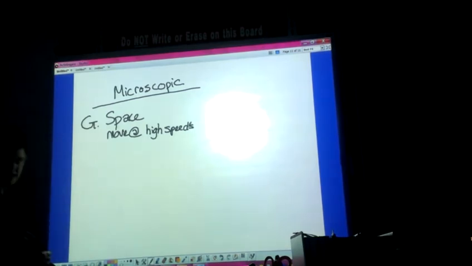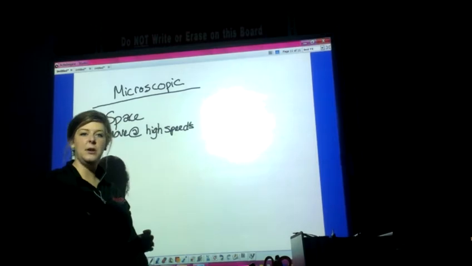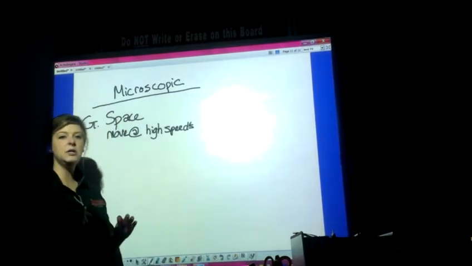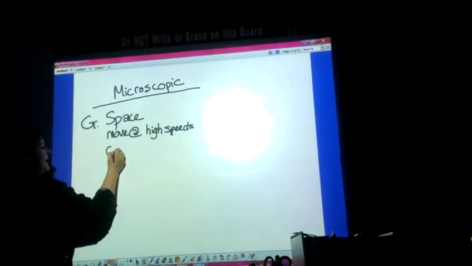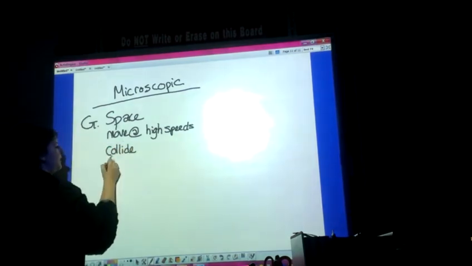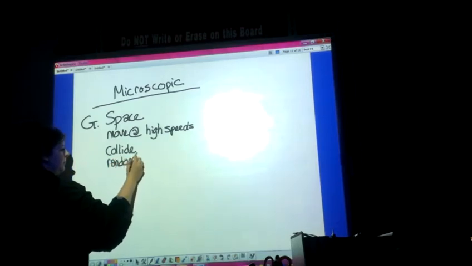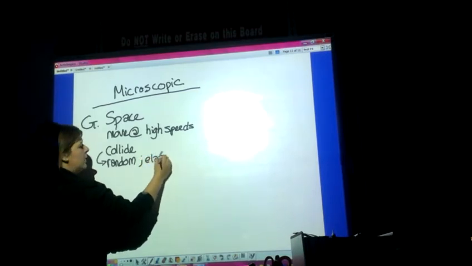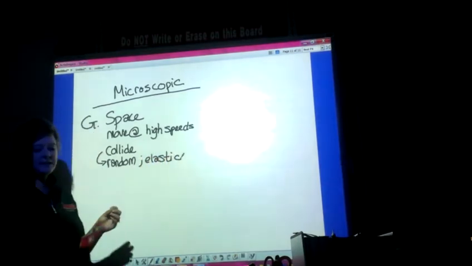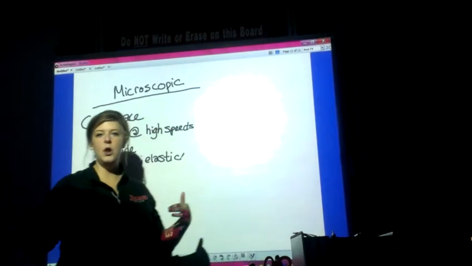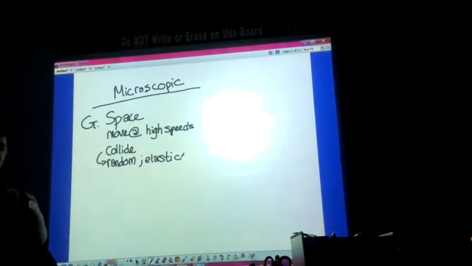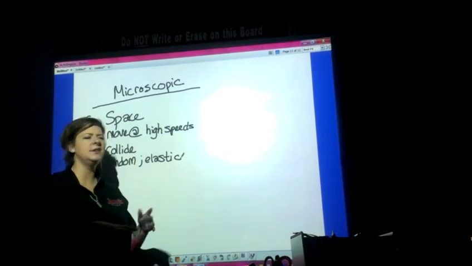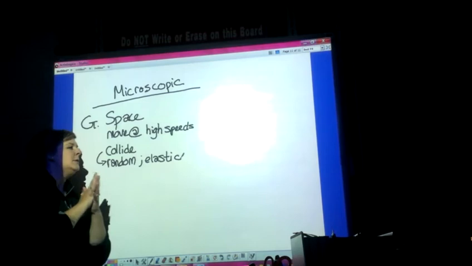They collide often. Based on that kinetic molecular theory, KMT, I know that gas molecules are going to have constant, random, elastic collisions. So they collide, those collisions are random, and they're elastic. What does elastic mean? Elastic means that they're going to bounce off one another when they collide, and I'm going to keep intact the molecule itself, because we assume that gas molecules are spheres, even though they may not be spheres at all.